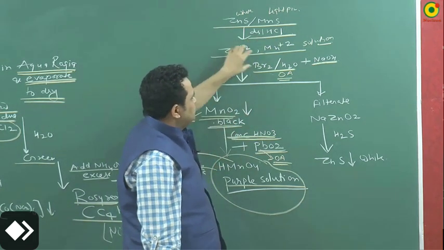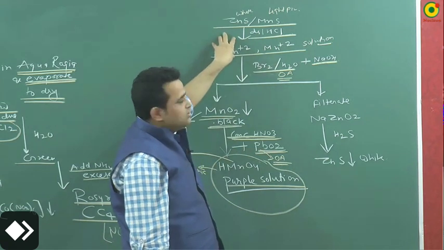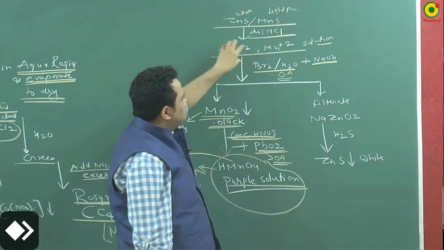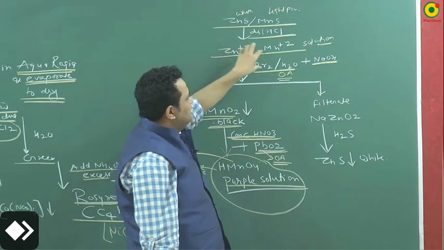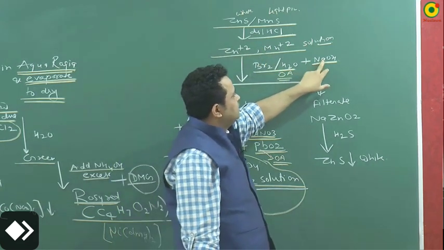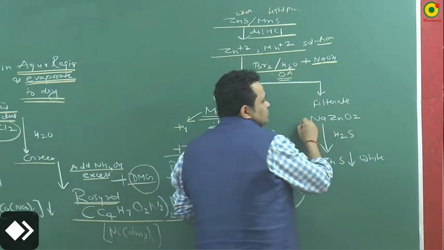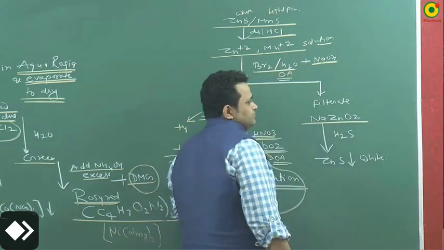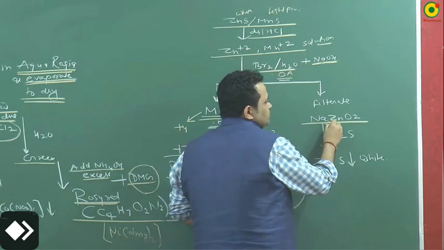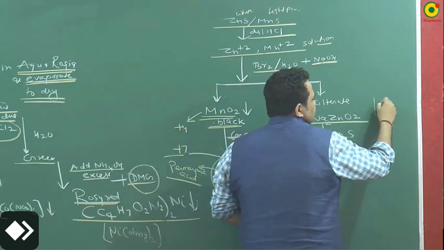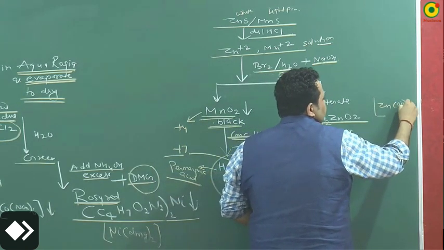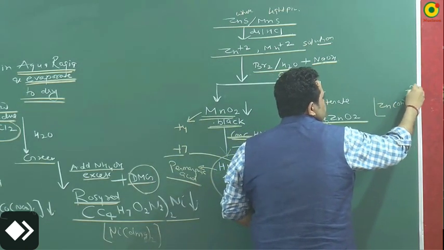Now Zn+2 is not oxidized further because it is in its highest oxidation state. So what will we do with Zn+2? It will dissolve in NaOH. Zn+2 dissolves in NaOH, forming a solution of Na2ZnO2, or we can write it simply as the [Zn(OH)4]2- complex.